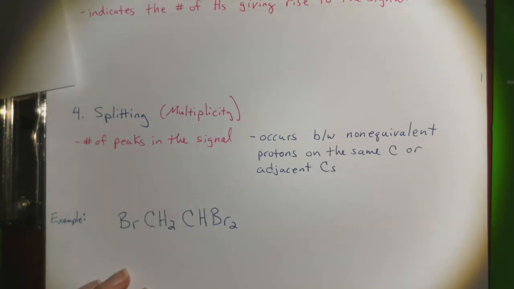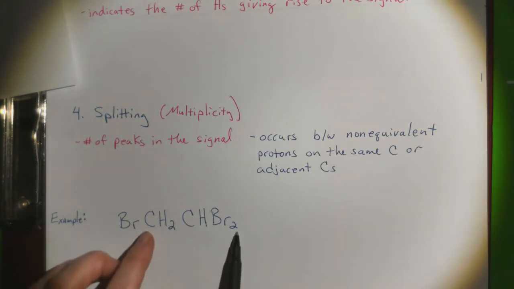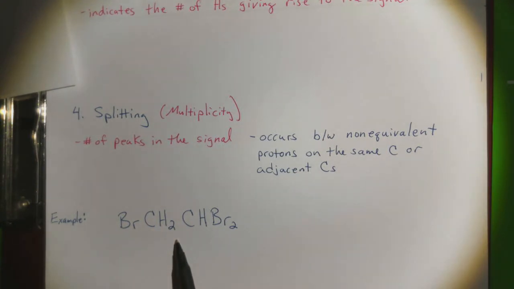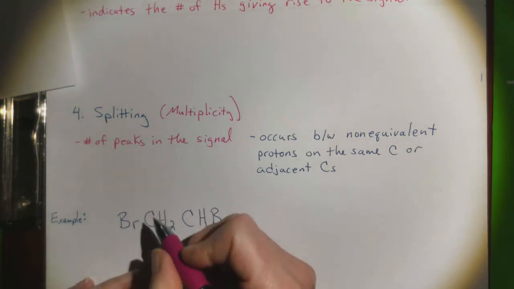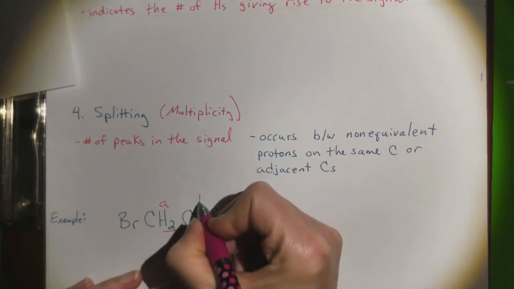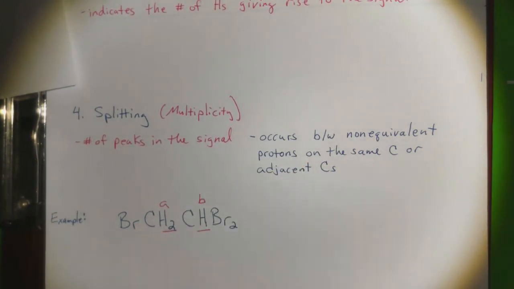Let's just dive in with an example here. So we have an alkyl halide. First of all, question number 1, how many proton environments are there? So this I'm going to label as A, this I'm going to label as B. Next we would say, what would we expect the chemical shifts to be? We'd look at the alkyl halide.